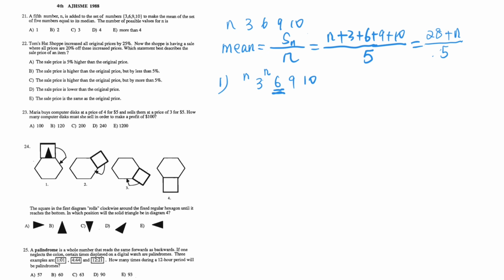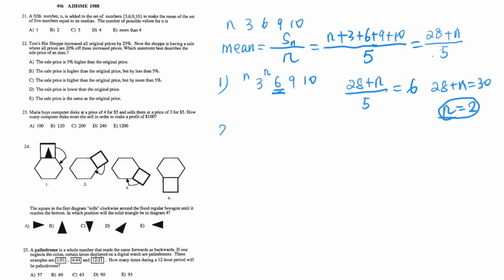Let's see what n can be. So 28 plus n over 5 equals 6. That means 28 plus n equals 30, and n equals 2. That's case 1, n equals 2.